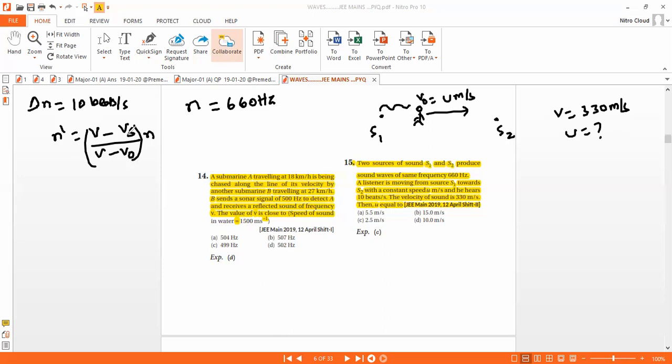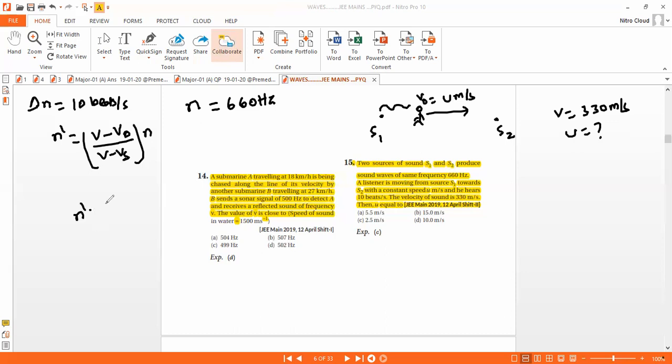No, v minus v naught by v minus vs. Once see that this formula, frequency heard by observer, n dash is equal to v minus v naught by v minus vs. ఇందాక అయితే అదే తప్పు చేసాం. అది అందుకని మనకి రాలేదు అసలు.